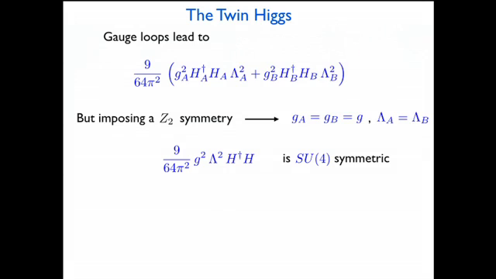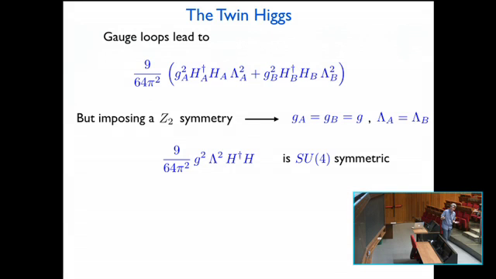If you pull the cutoffs and the gauge couplings out, this is SU(4) symmetric. So if you think of the Higgs as coming from the NGBs in this global breaking, H dagger H is SU(4) symmetric, and so this will not contribute to the Higgs mass squared. So this is essentially the philosophy of the twin Higgs idea.